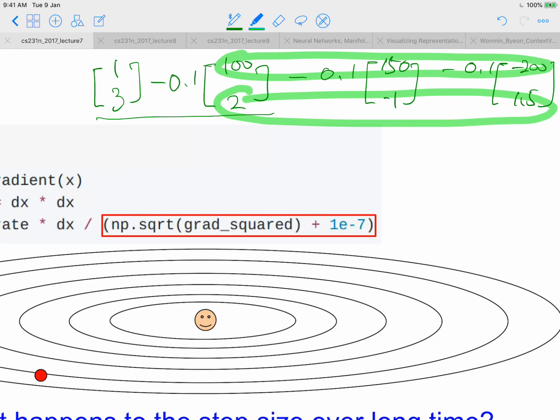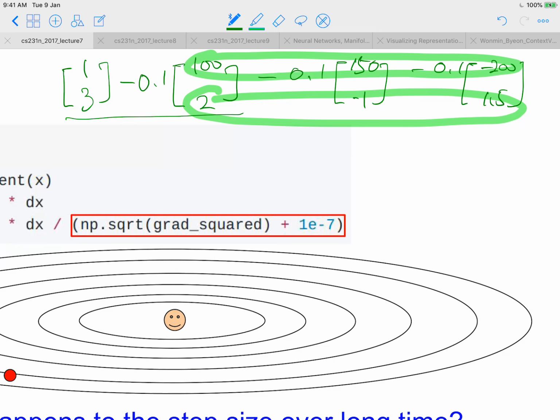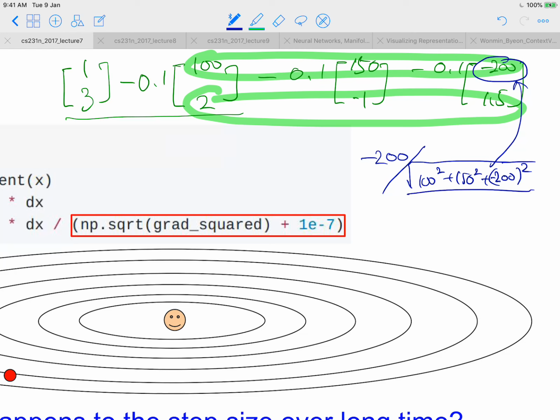So in RMSProp, instead of using this value, we basically divide it by the square root of 100 squared plus 150 squared plus minus 200 squared, divided by 3.